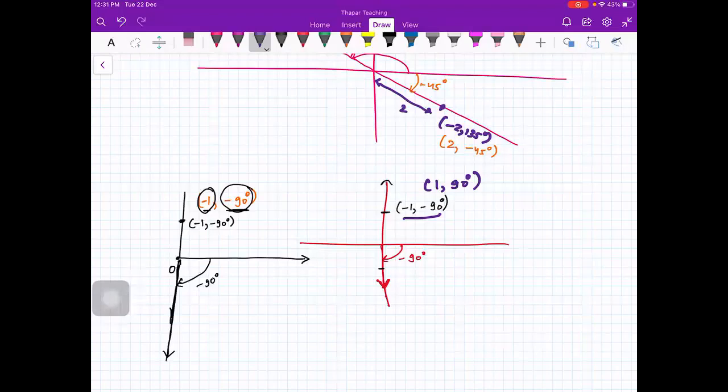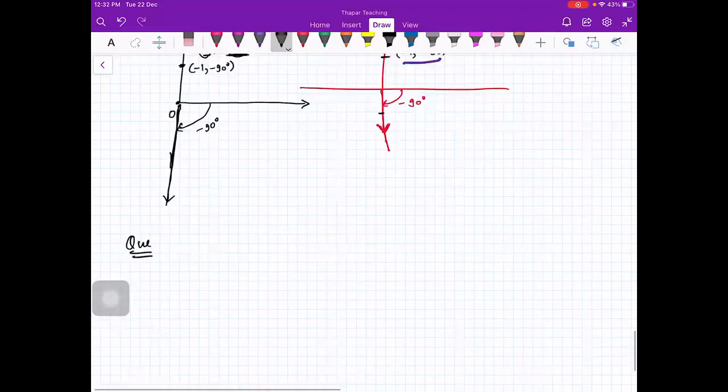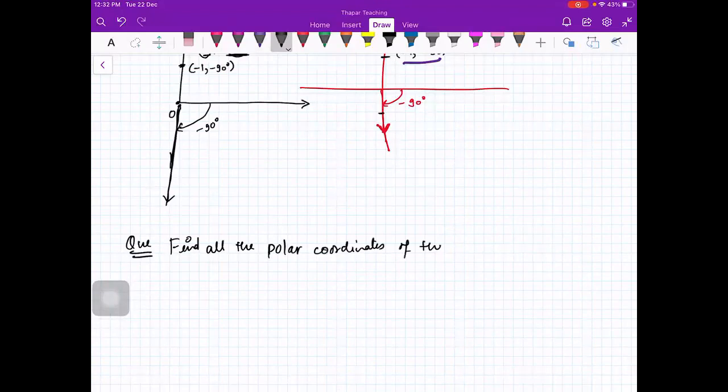Fine. So let me give you one problem so that you understand everything. Find all the polar coordinates of the point 2 comma pi by 6.